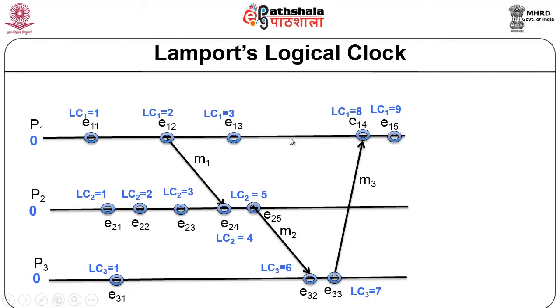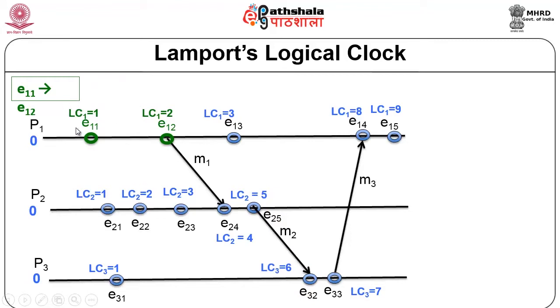So, this is the space-time diagram, and we have the logical clocks. Each process has its own clock, and they increase it and they synchronize with respect to each other. If we look at these events, we see that we can have a happen before relationship among them. For example, E11 and E12 are two events which happened before.